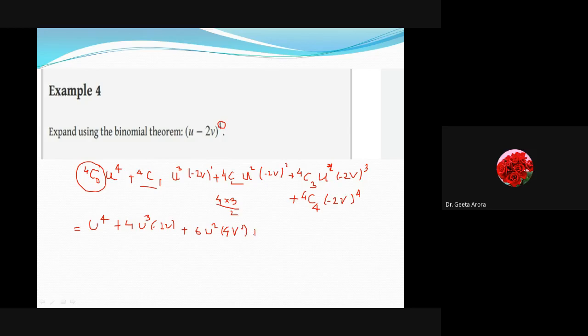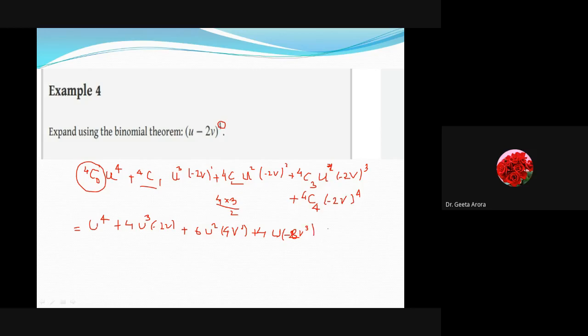And we have 4c3. 4c3 is same as 4c1 and 4c1 is 4. So it is 4 u raised to power 1 and minus 2v cubed, 2 cube is 8, correct, and v cube.